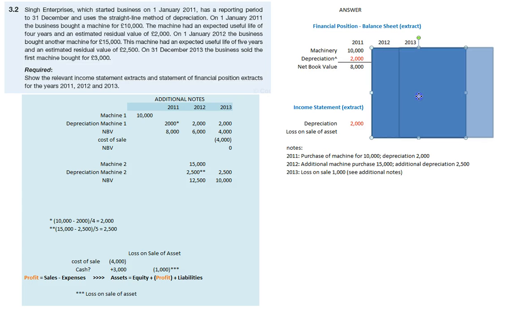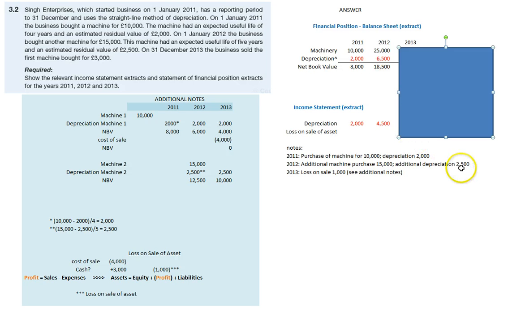Okay, so 2012, we've got an additional amount of machinery of 15,000, and we've got an additional depreciation of 2,500.